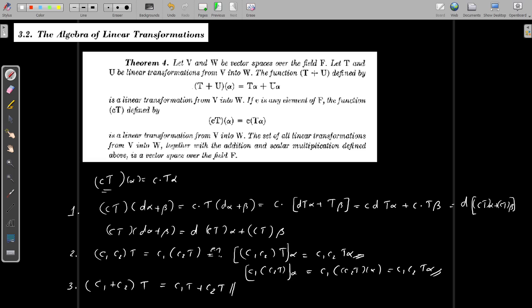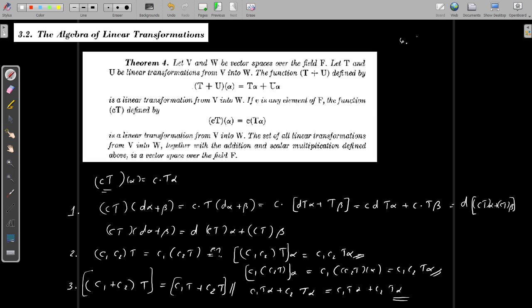So when you evaluate this at alpha, you get C1 plus C2 into T alpha, that is C1 T alpha plus C2 T alpha. Okay, so this is the LHS. Then what is RHS? RHS at alpha is C1 T of alpha, that is C1 T alpha, plus C2 T of alpha, that is again C2 T alpha. Then both are the same, so we can say that this distributive property is there.